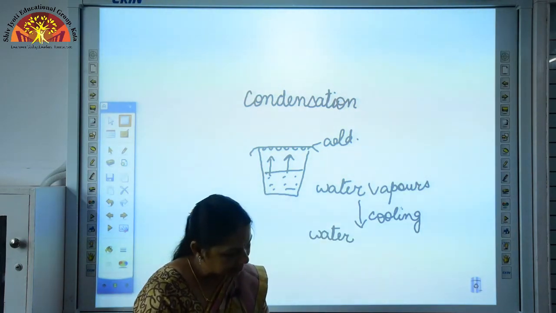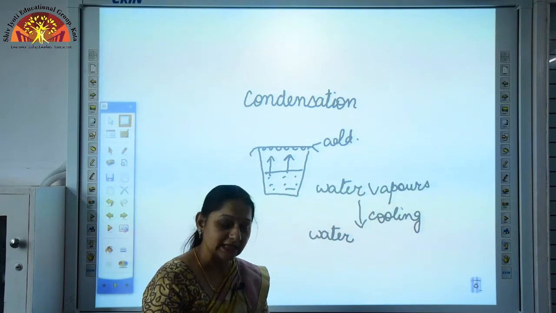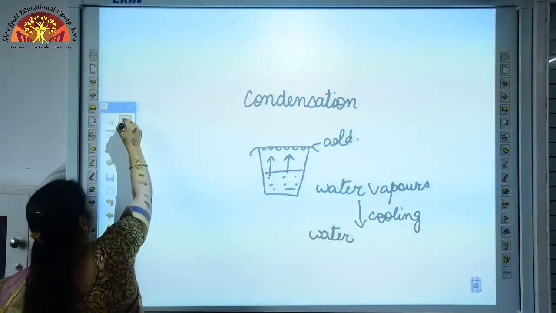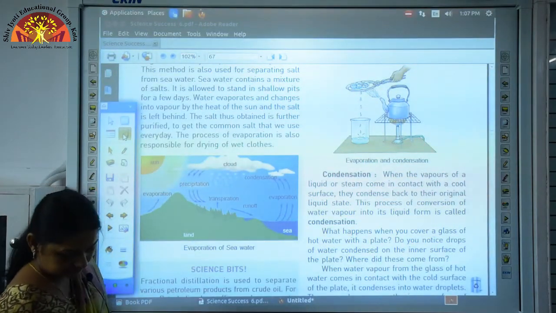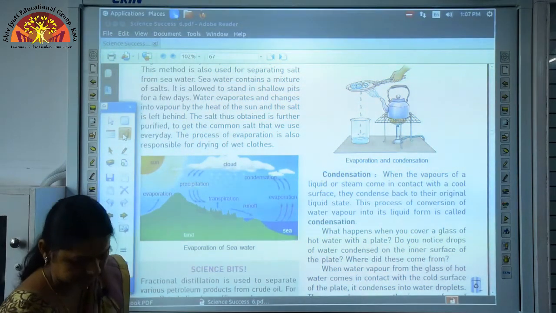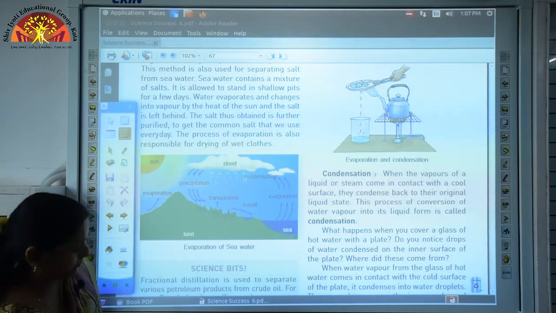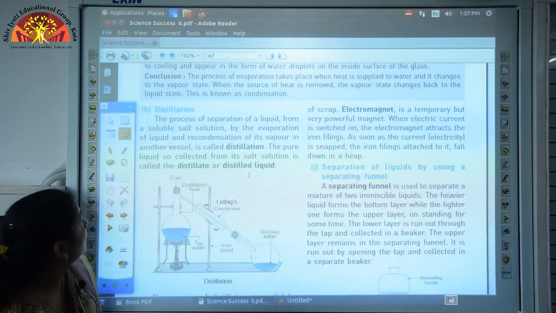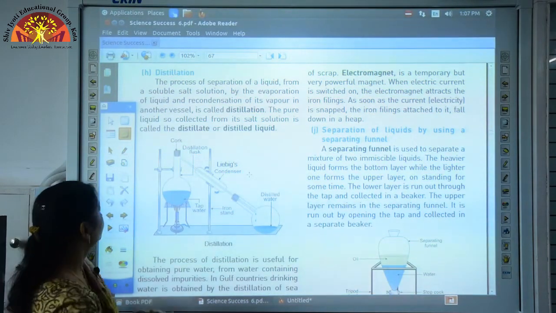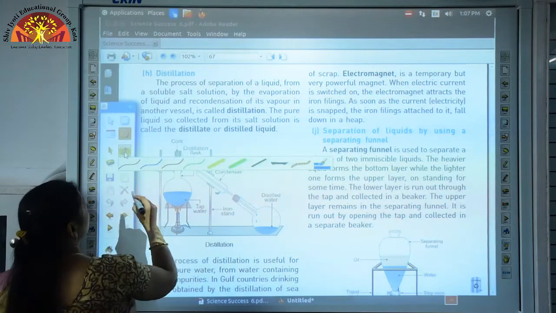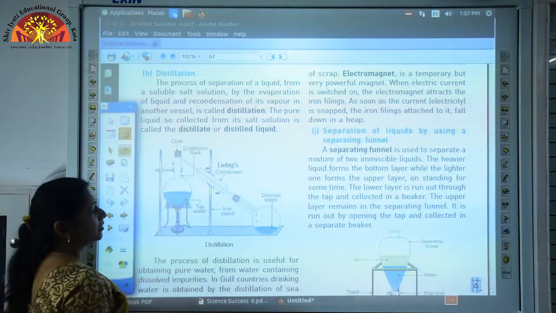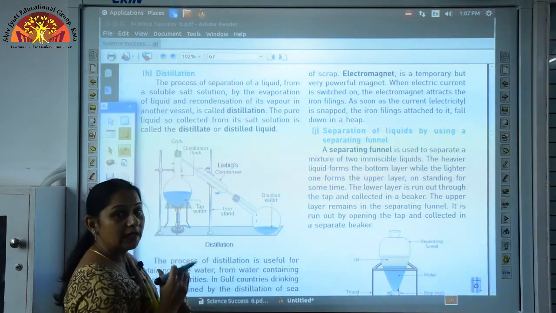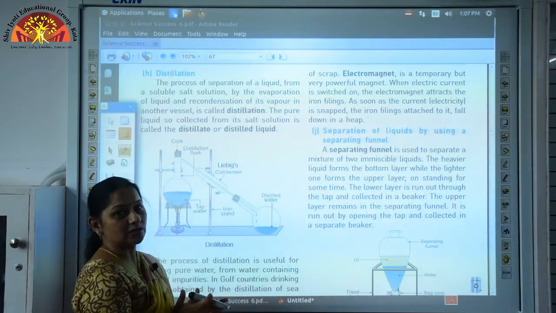Now, let us take up the next topic, distillation, from page number 68. Okay, students, distillation is a process of separating a liquid from soluble salt solution.